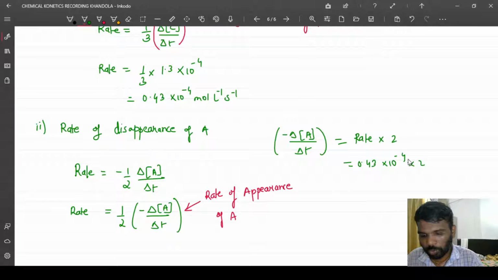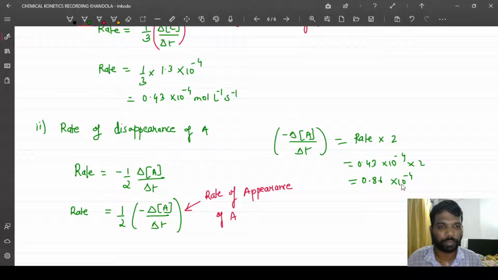So 0.43 multiplied by 2 is equal to 0.86 into 10 raised to minus 4. Units will be the same, moles per liter per second.